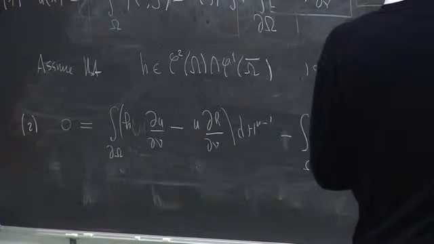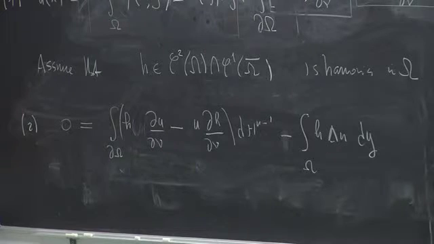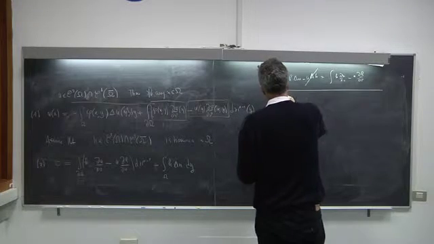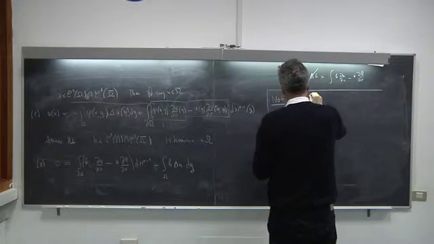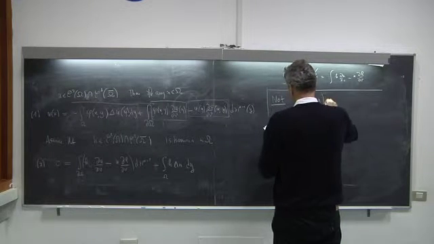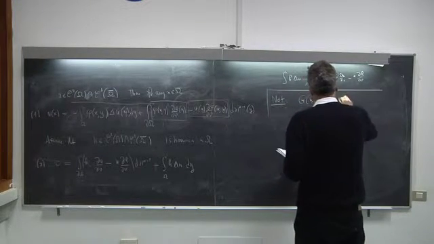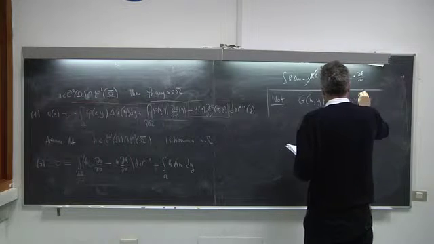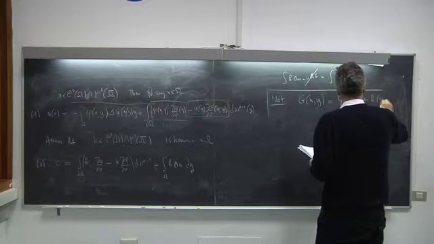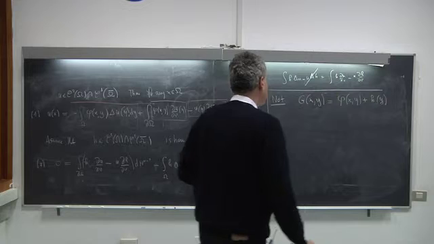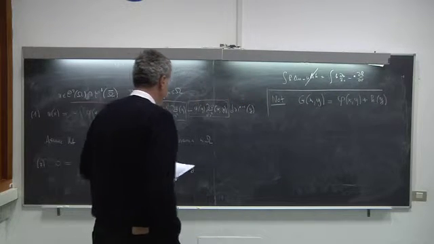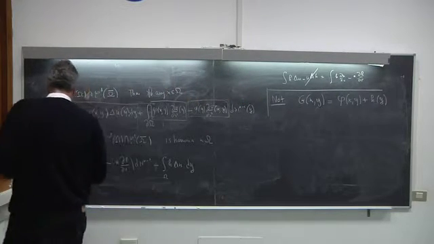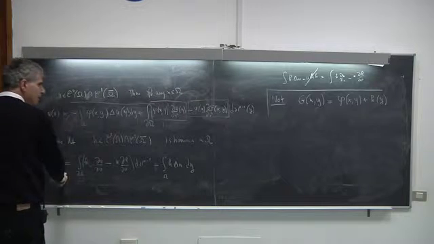Okay, and let me introduce the following notation. G of x and y equals phi of x and y plus h of y. So let me call capital G this formula. And so now let us add 1 and 2 together.